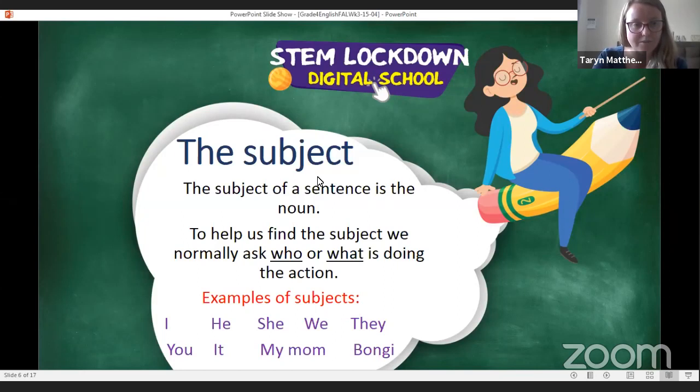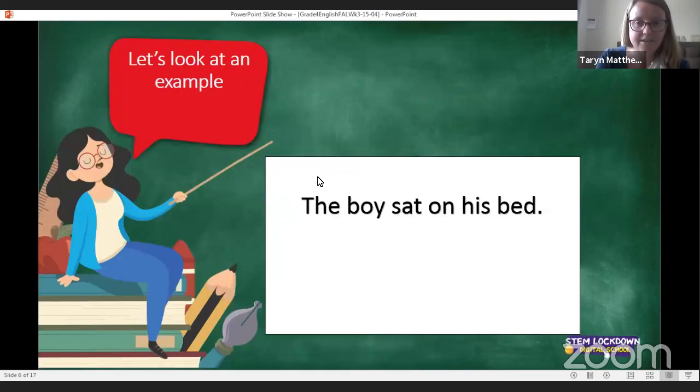So any noun. So let's have a look at an example. Yes, even aunt. Well done. So the example I've got here is the boy sat on his bed. So we want to know who is my subject. So what are the 2 questions you have to ask?